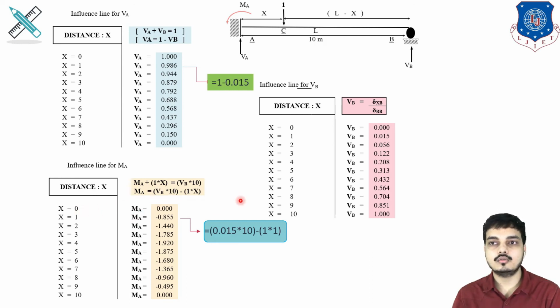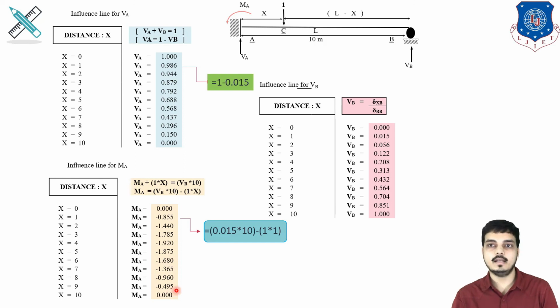At x equals to 0, what is my VB? 0. So 10 into 0 is 0, minus 1 into x, where x is 0. So ultimately MA equals to 0. Now look, for x equals to 1, MA equals to 0.015, which is my VB, multiplied by 10, minus 1 into 1. Why this 1? Because x equals to 1. Similarly the entire values came.